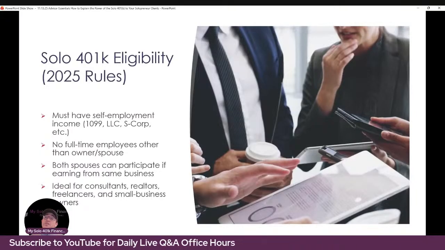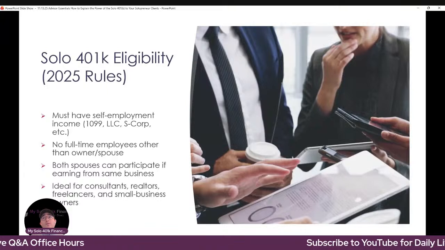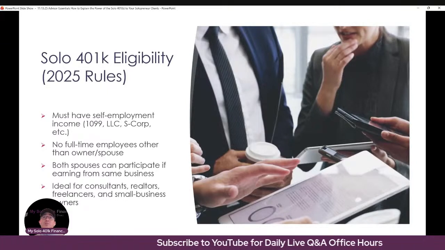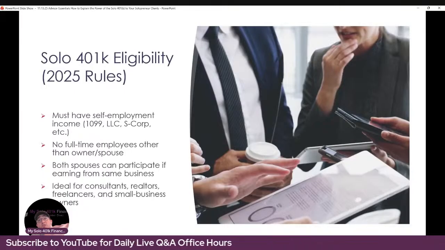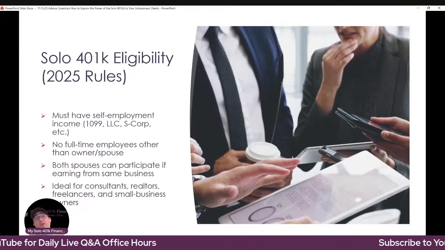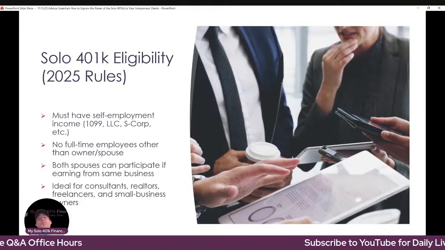Now, the other piece of the eligibility criteria is that owner only piece. So that means that you cannot have any non-owner, non-spouse, full-time W-2 employees. So that does mean your spouse could be working in your business and you would still be eligible to have a solo 401k plan.